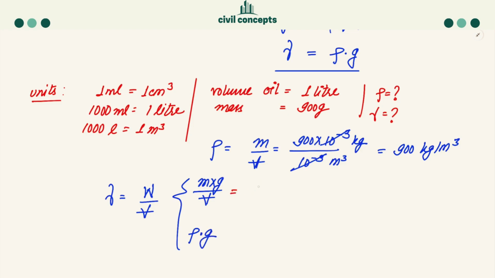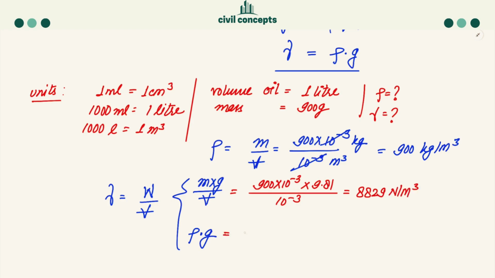So mass is 900 into 10 raised power minus 3 kg. Acceleration due to gravity is 9.81 meter per second square, and over here your volume stands to be 10 raised power minus 3 cubic meter. So this comes out to be 8829 Newton per meter cube.